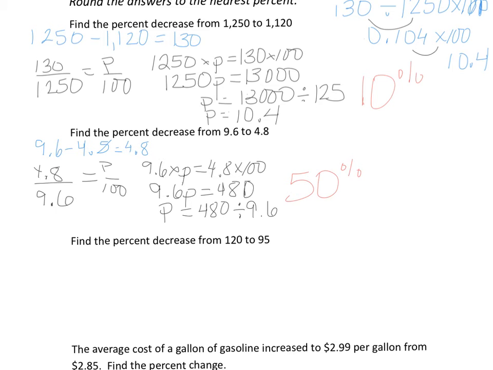If we chose to do the equation, we still have to do the subtraction piece of 9.6 minus 4.8, and that equals 4.8, which is our change, divided by our original amount of 9.6 times 100. We know our calculators at school can go ahead and do order of operations, but if the calculators at home can't do order of operations, we have to do the division first, and that gives us 0.5, which we then multiply by 100, and that's how we get 50%.